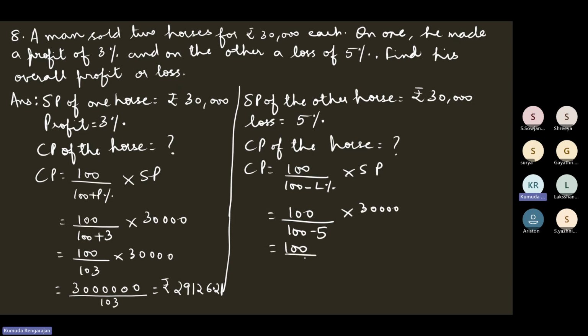So 100 by 95 into 30,000. You can simplify: 20 times 5 by 19s. It will be 6 followed by 5 zeros, divided by 19. Can anyone tell me the decimal value?